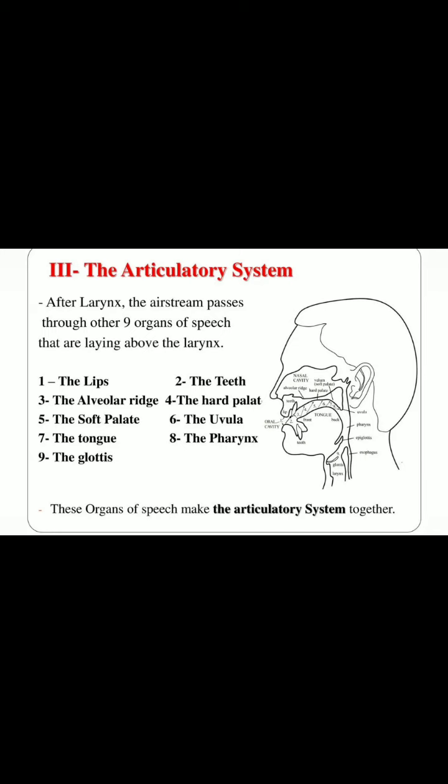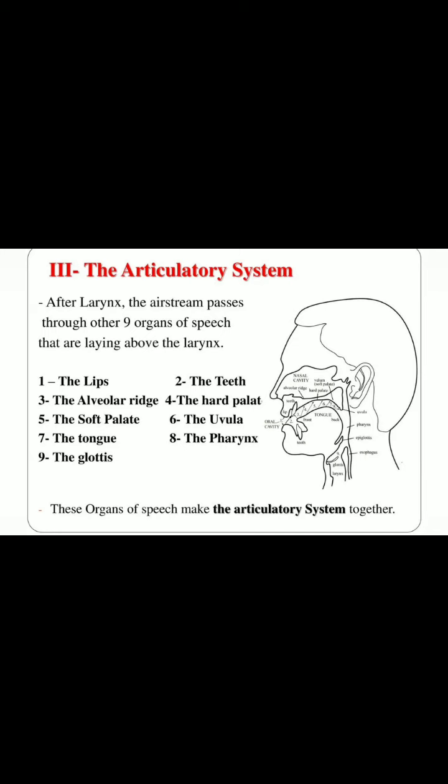These organs of speech make the articulatory system together. Active and passive articulators. Active articulators are those organs of speech that move from their position of rest to articulate against other organs of speech that do not or cannot move, which are called passive articulators.